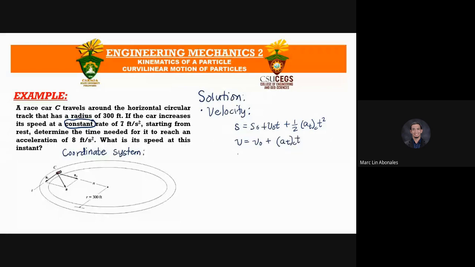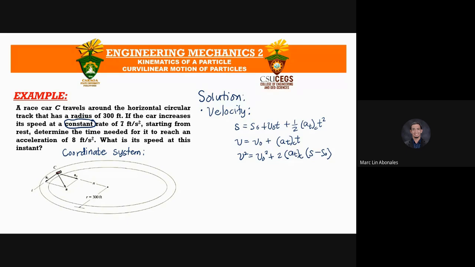And lastly is v squared is equal to v0 squared plus 2 a_c times s minus s0. So these three equations can be used to solve for the velocity.